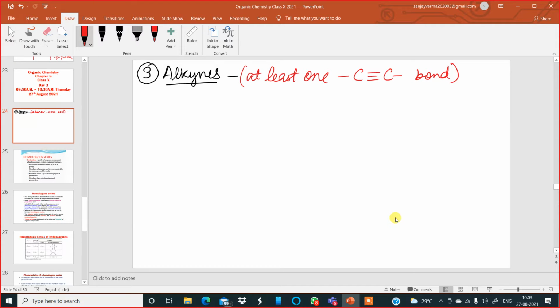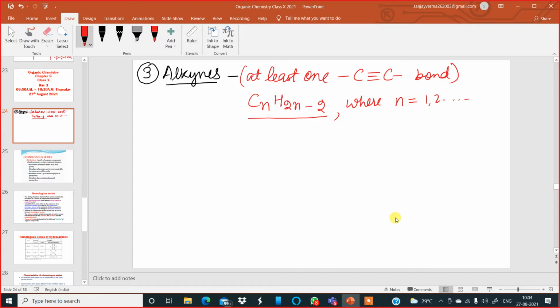And alkynes have a general formula: CnH2n minus 2, where n will be equal to 1, 2, and so on.